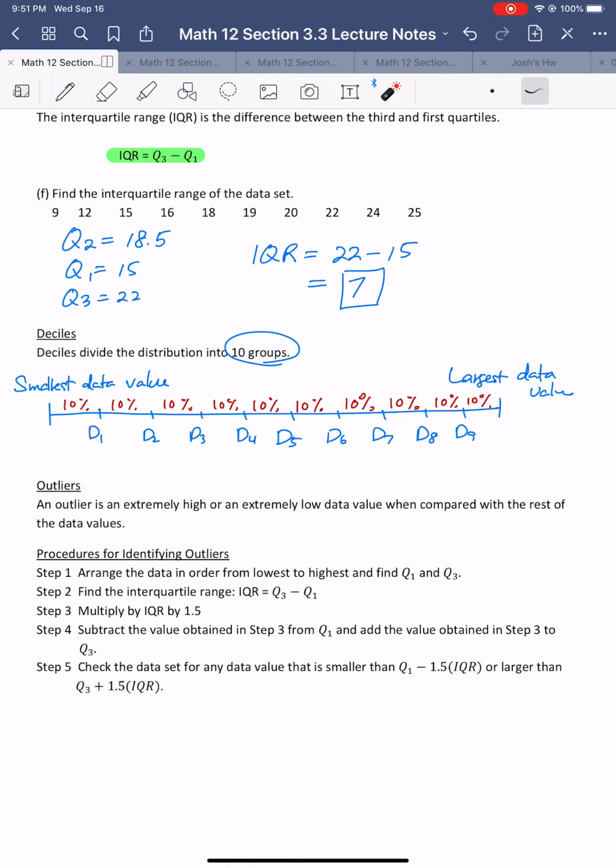This actually gives you the boundaries. This we call the lower fence, and this one we call the upper fence. Once you find the fences, any data value more than the upper fence is an outlier, and any value lower than the lower fence is an outlier too.